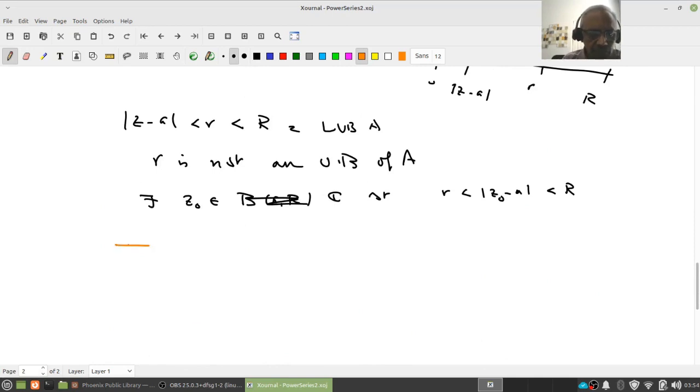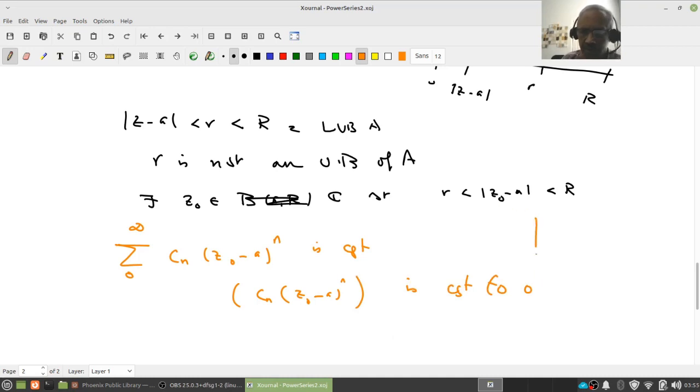So what do I know? Therefore I know summation Cn z naught minus a to the power n is convergent, right? And if the infinite series is convergent, the sequence of the terms, namely Cn z naught minus a to the power n, this sequence converges to 0, right?